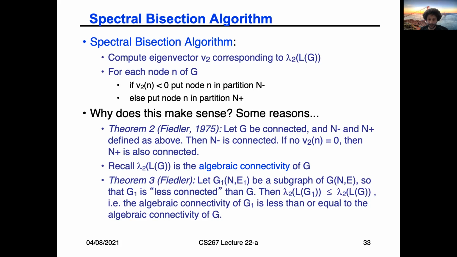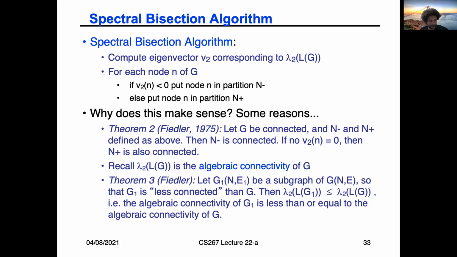I'm not going to be able to spend too much time on the whys of this algorithm, but another concept worth mentioning is that the second eigenvalue is considered the algebraic connectivity, and one can prove certain statements that the physical connectivity is related to this algebraic connectivity. Graphs that are less connected by other definitions actually have a smaller algebraic connectivity in the spectral space. So there's some reason why this algorithm makes sense in practice.